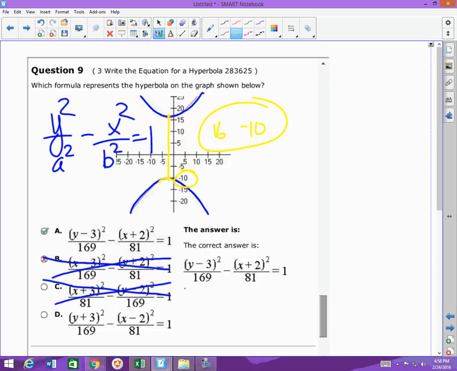If you take those two and add them together, that becomes 6, divided by 2 is 3. So right there, that's up 3. So the center's y value has to be 3. That would be y minus 3, not y plus 3. And so this leaves you with this one as your only option.